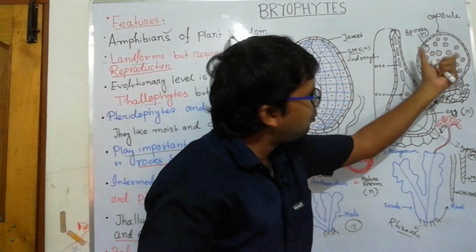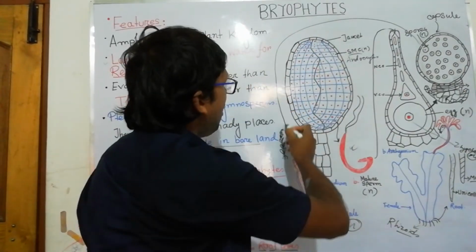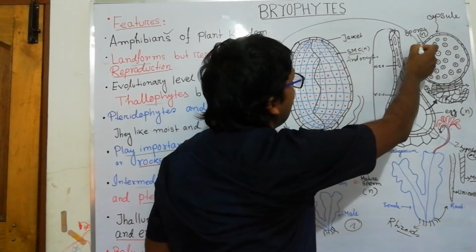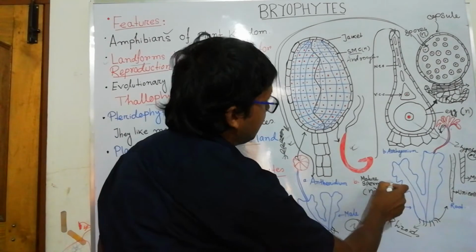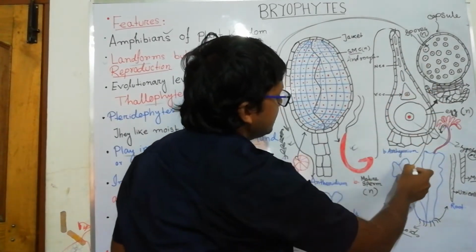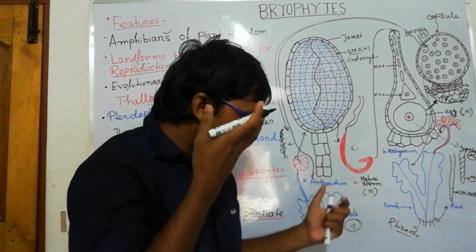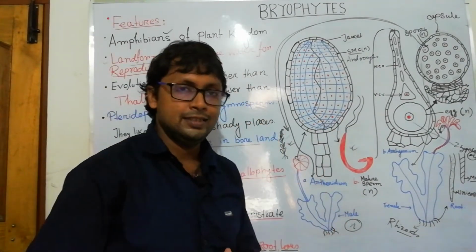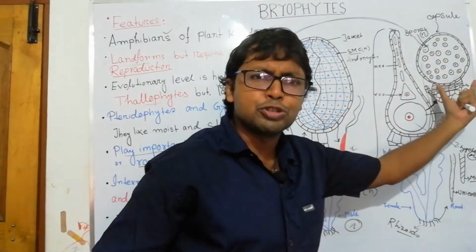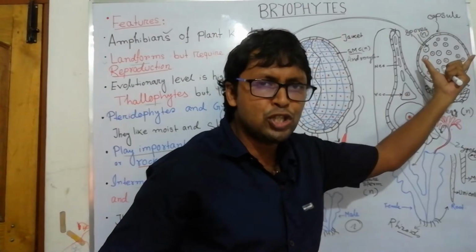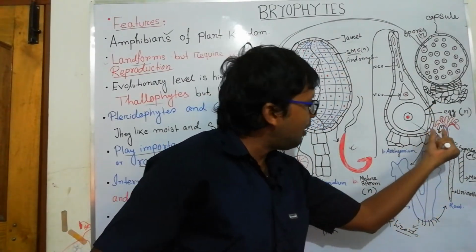These haploid spores again form this gametophytic body. From these spores, this gametophytic body will be developed. So this is the overall life cycle of the bryophytes. So gametophytic body and sporophytic body is so much reduced, only foot, seta and capsule, and they develop on a gametophytic body.